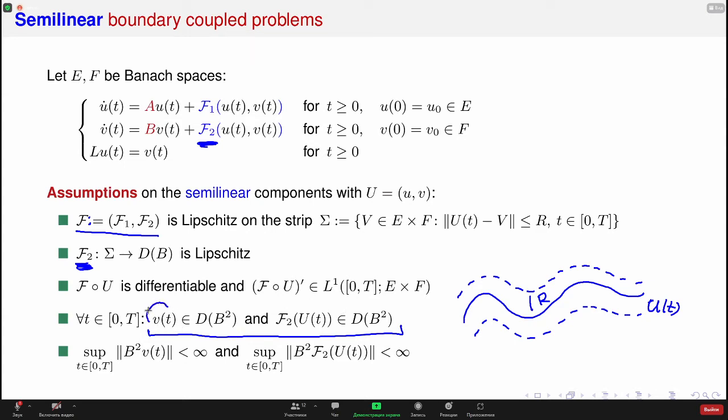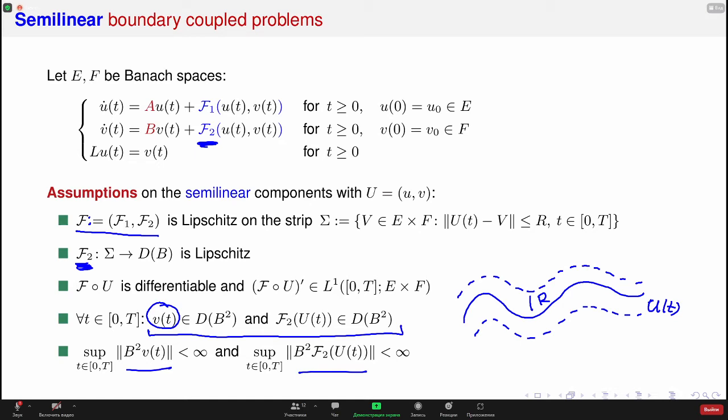So the boundary solution, the solution on the boundary, should be in the domain of B squared, but also F2. This is not so strong, but F2 of the exact solution should also be in D(B squared). And the corresponding values should be bounded.